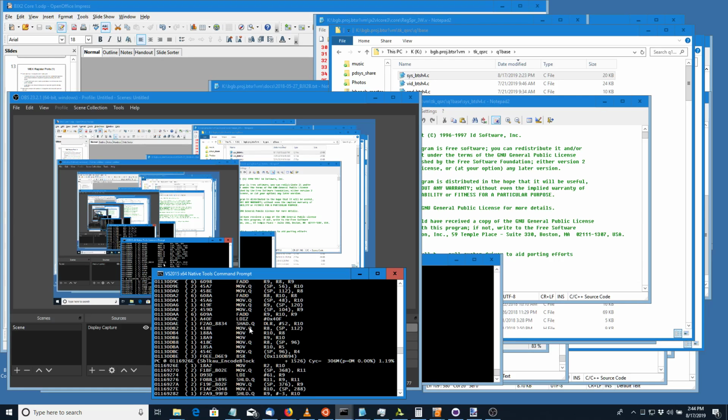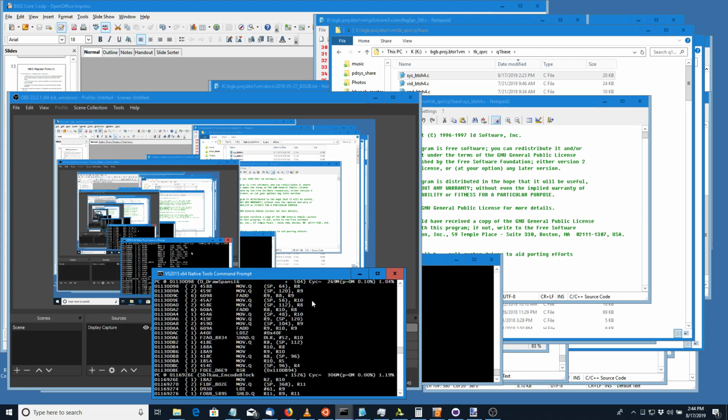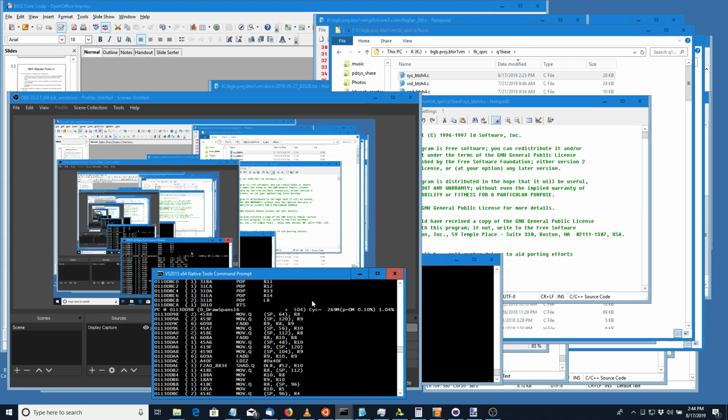But it is at least smart enough that it's not doing that pretty much continuously. For the most part, it will be able to keep things in registers, just not consistently.